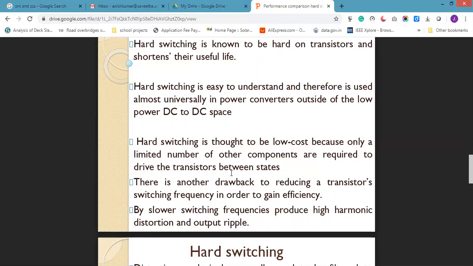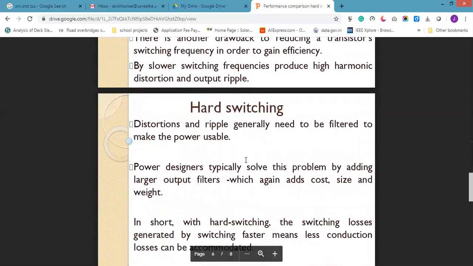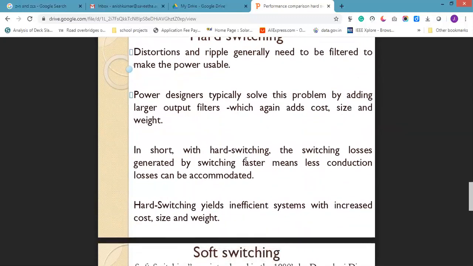But when you are reducing the switching frequency, it will produce high harmonics, distortion and output ripples. The distortion and ripples generally need to be filtered.